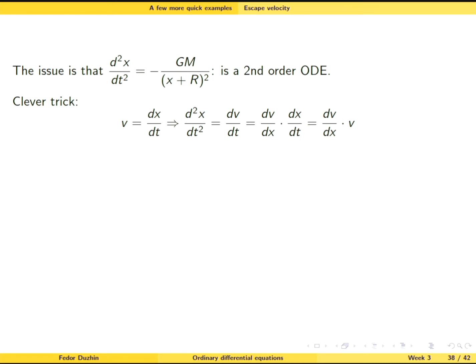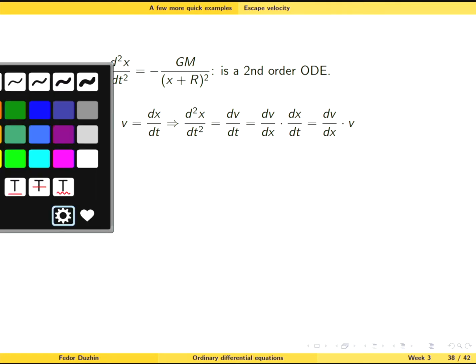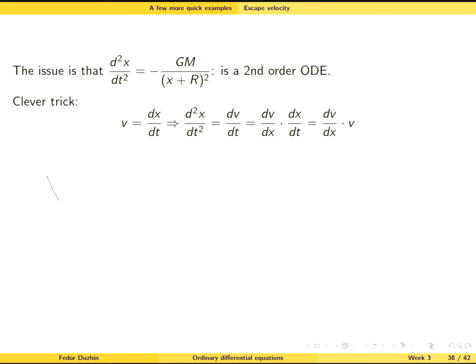In our second-order differential equation, x is the unknown function, or the dependent variable, and t is the independent variable.